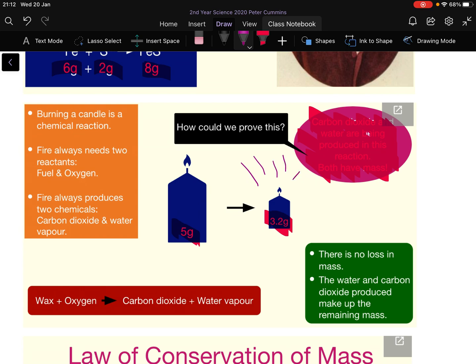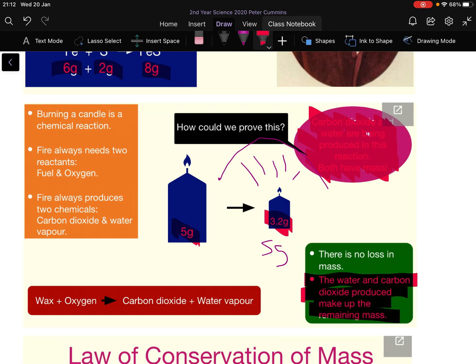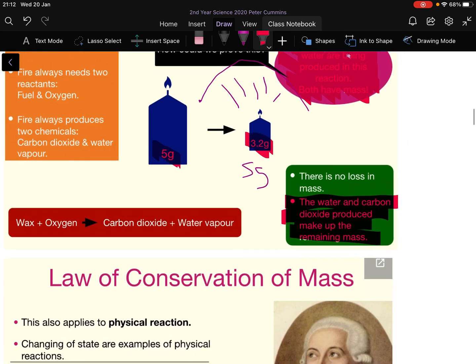But the law of conservation of mass still stands in that if we could somehow put something over the top here and collect what is released and weigh that, that would give us 5 grams. Basically the water and carbon dioxide make up the remaining mass.